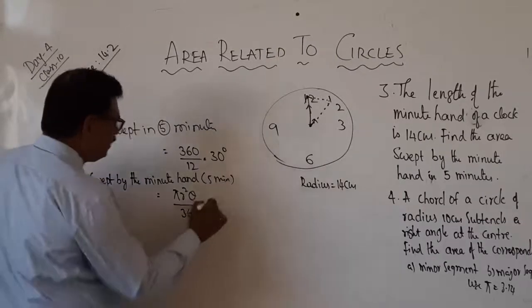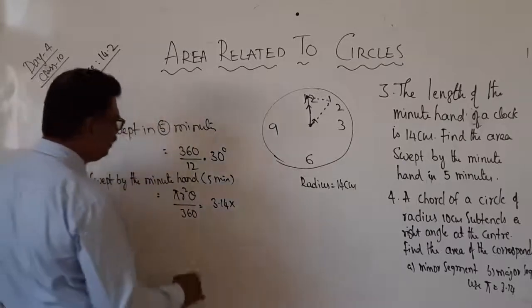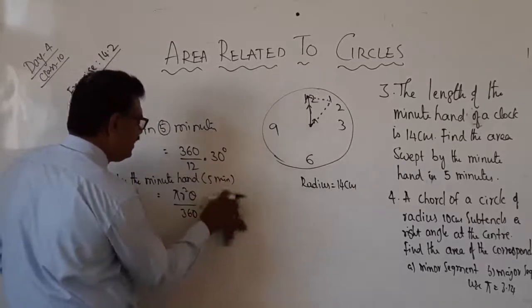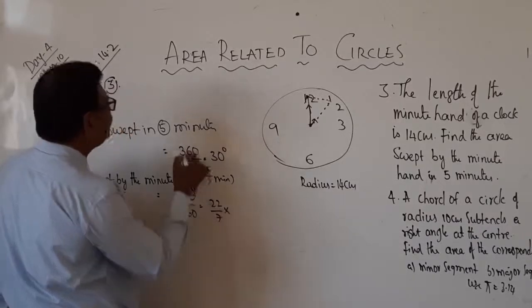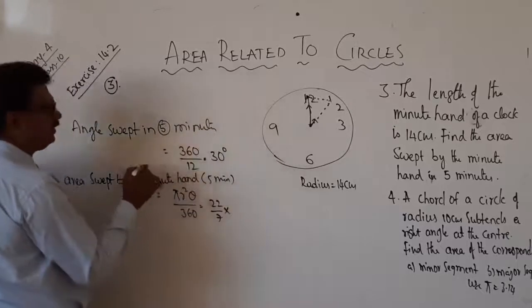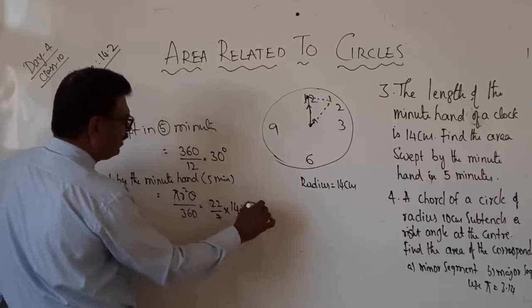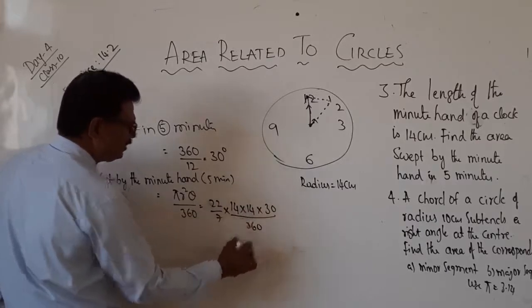Now, very simple. Pi is 3.14 into r square. Otherwise you can take directly 22 by 7 into radius, which is 14, 14 into 14, into angle 30 divided by 360.